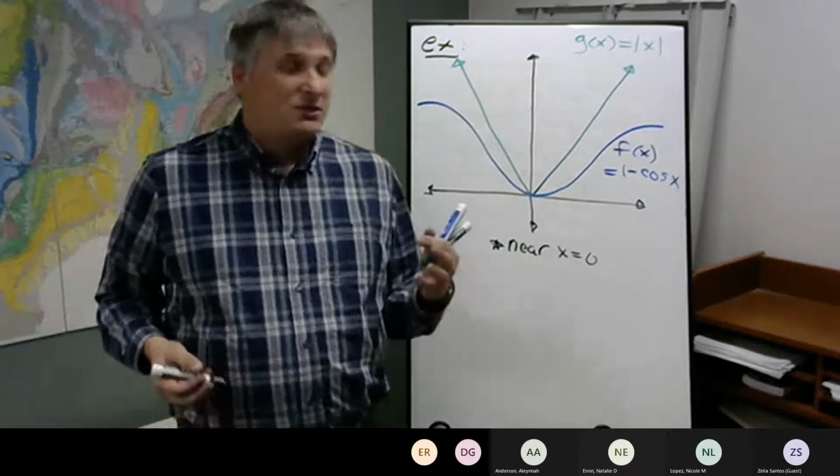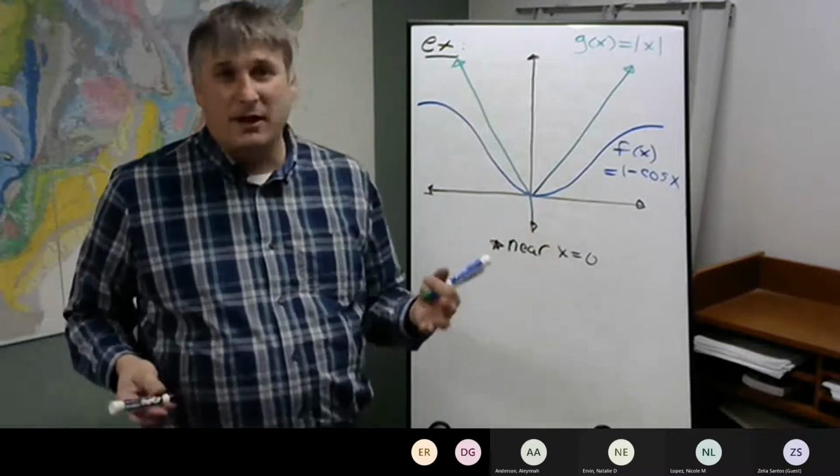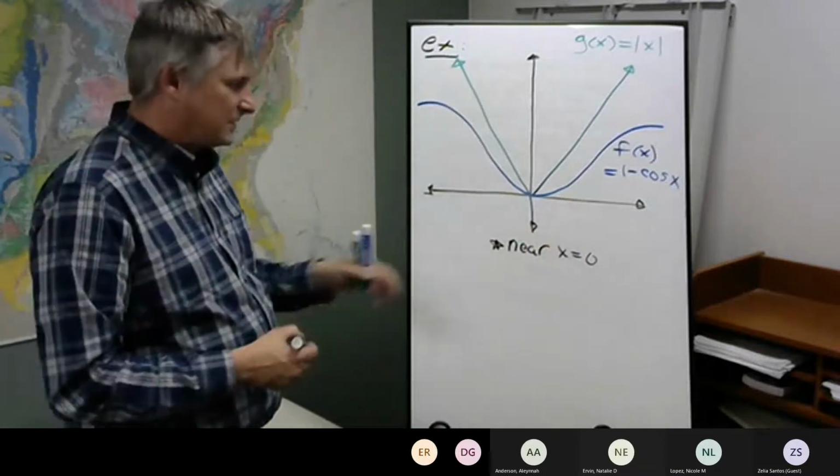So in this case, g of x is always bigger than f of x, except at x equals 0.